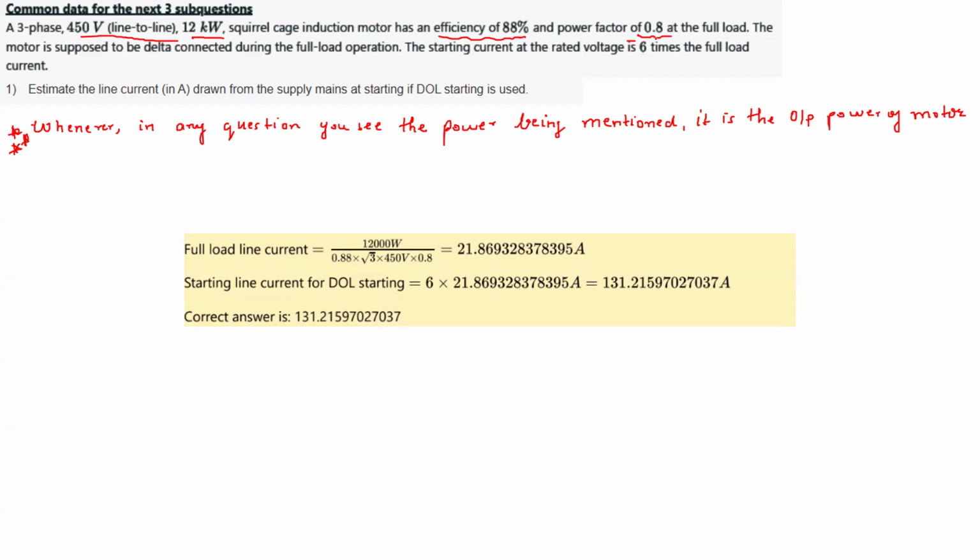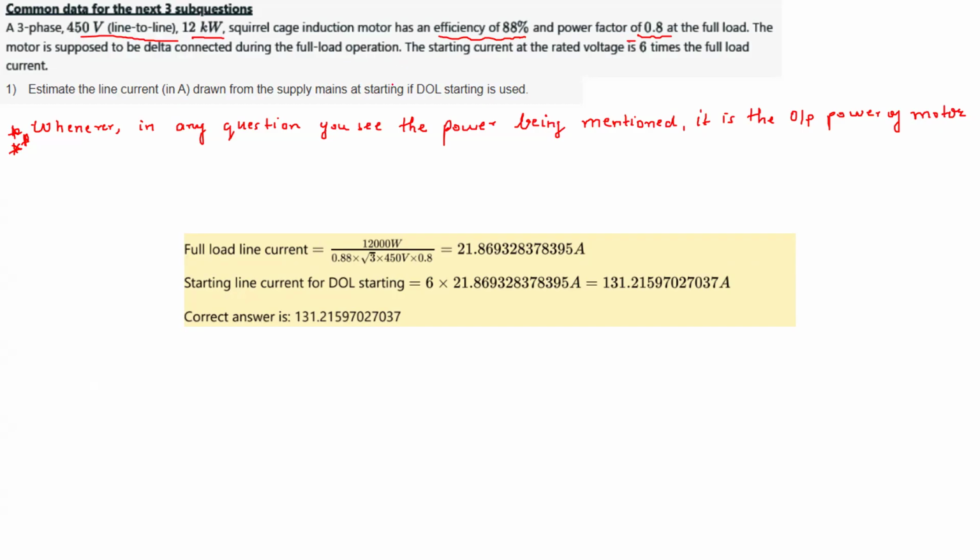Now they are saying that the motor is supposed to be delta connected during the full load operation. Remember that in the last class when we discussed the star delta operation, for reducing the starting current we first connect the machine in star, and then by using the switching arrangement we change the connection to delta.